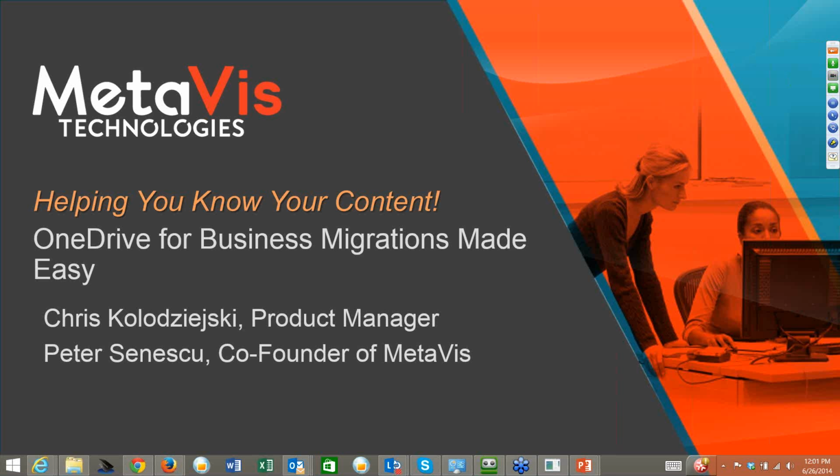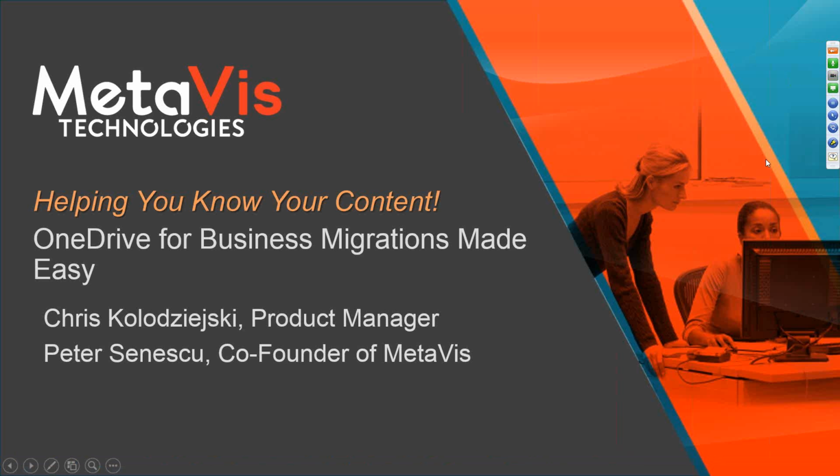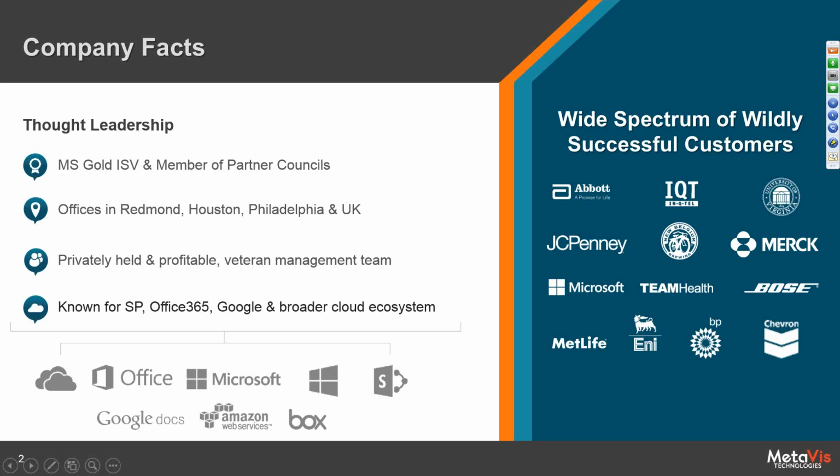And MetaVis, as usual, is here to help manage your information. Just a little bit about MetaVis from that perspective. Basically, we are a gold software vendor. We have offices around the world in different places, and we deal with lots of large clients.